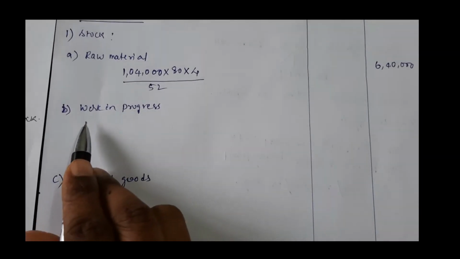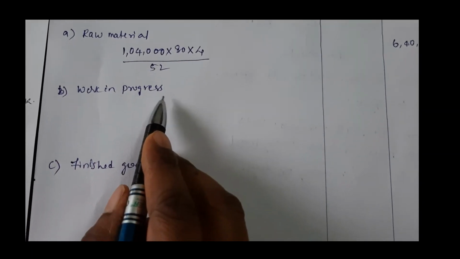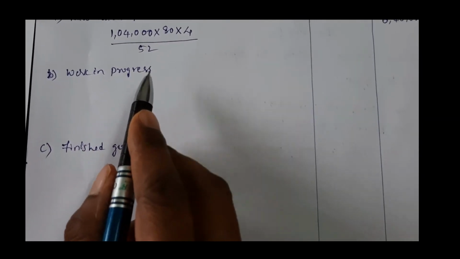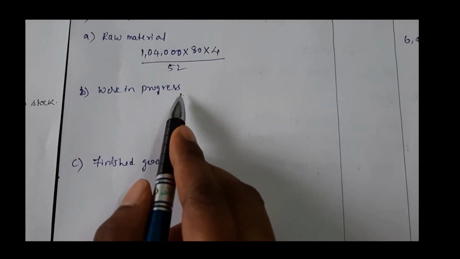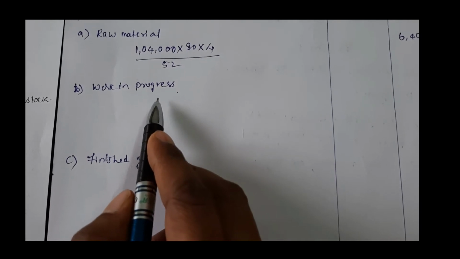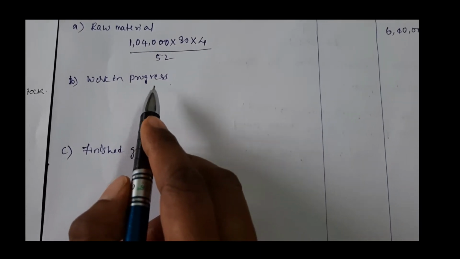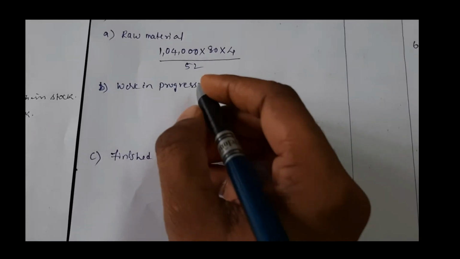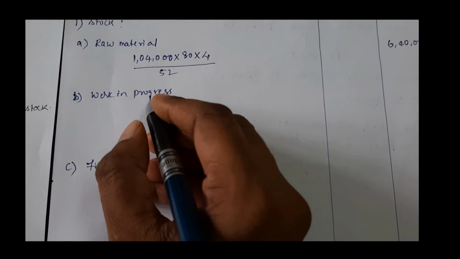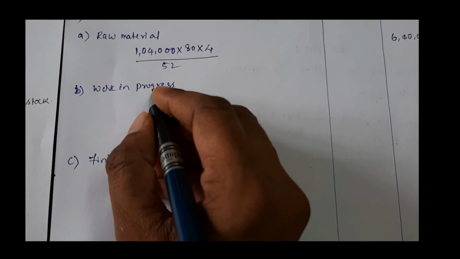Then in case of work in progress, as work in progress represents semi-finished products, so we use raw materials, direct labor and overheads here. So you have to consider value of 3 components here. So the first one is value of work in progress.